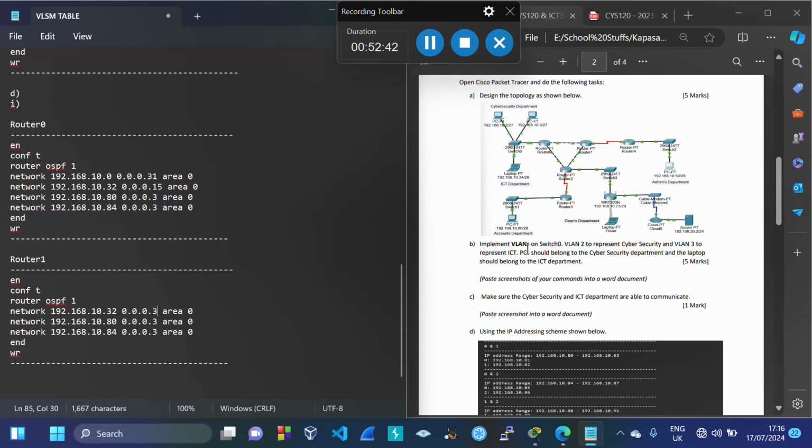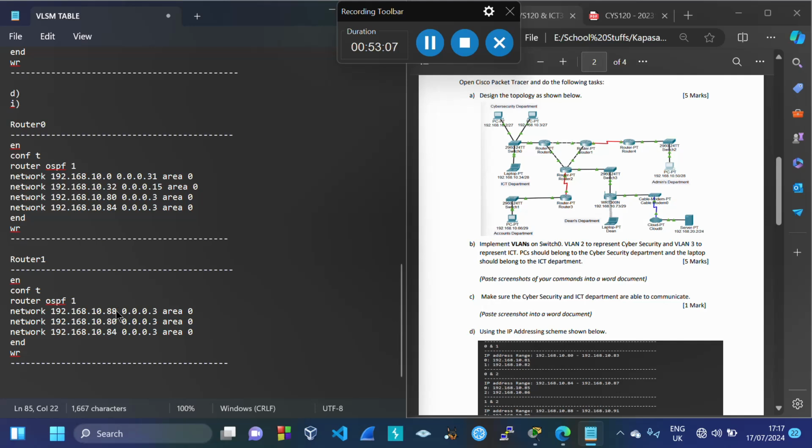Now let's see the networks. Between router 1 and 0, this connection, the network is 80. So I'll leave 80 because 80 can be broadcasted, it's okay. Then between 1 and 2 we have 88. So I'll change this number to 88.